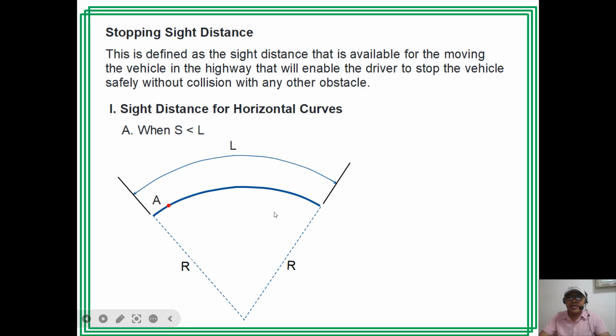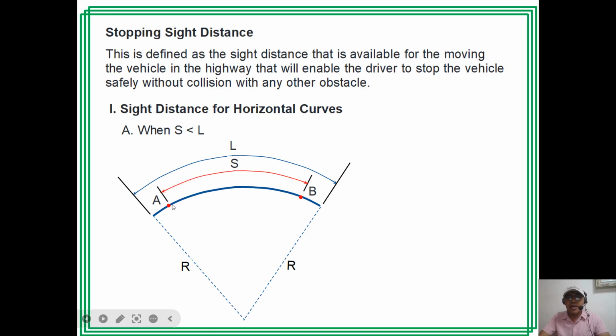Let us say we have here two points A and B. At point A we have the car, in which the driver can sight an object at B. So this is the sight distance.